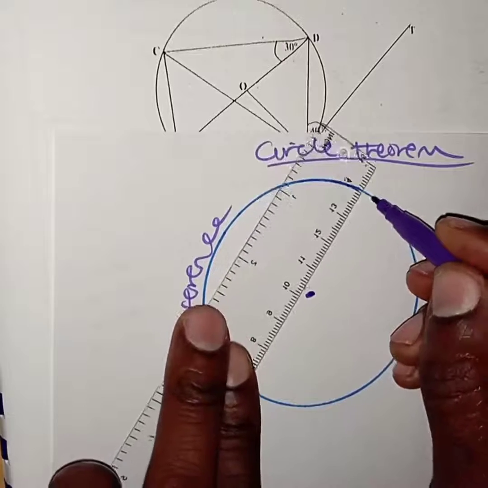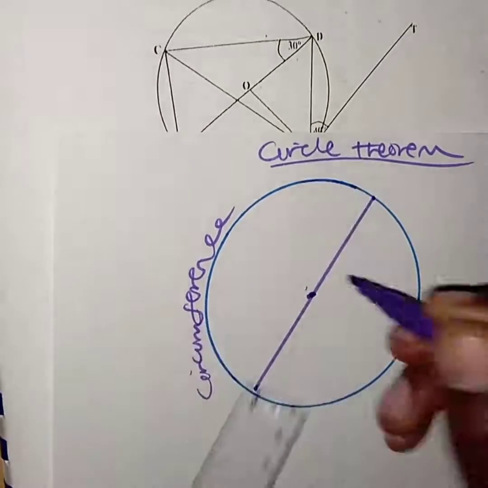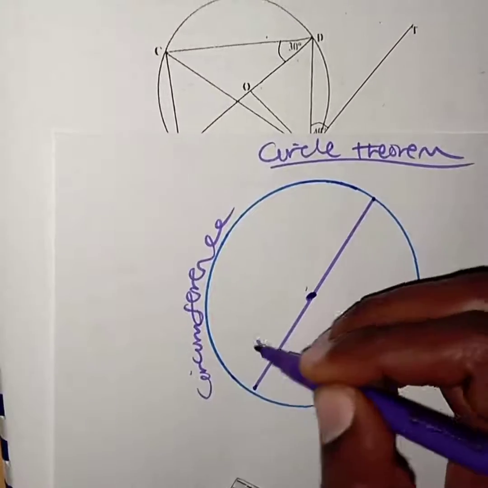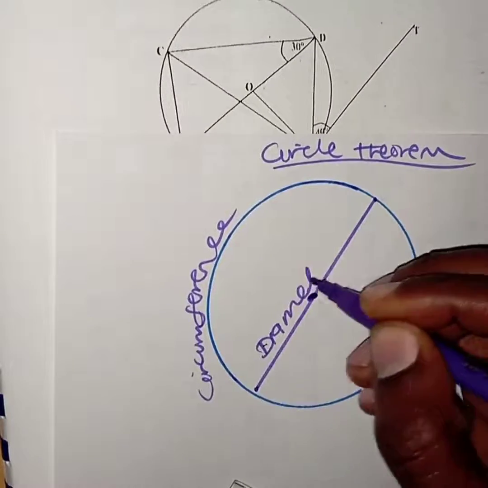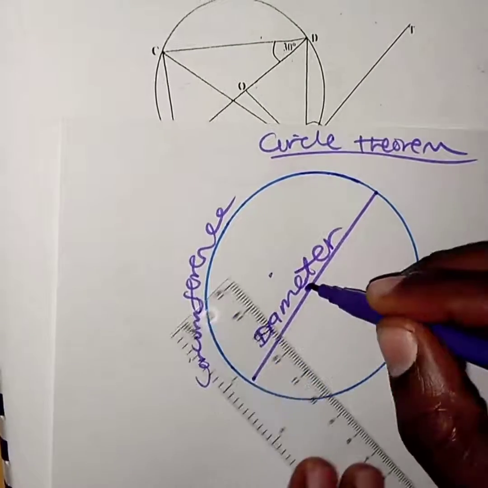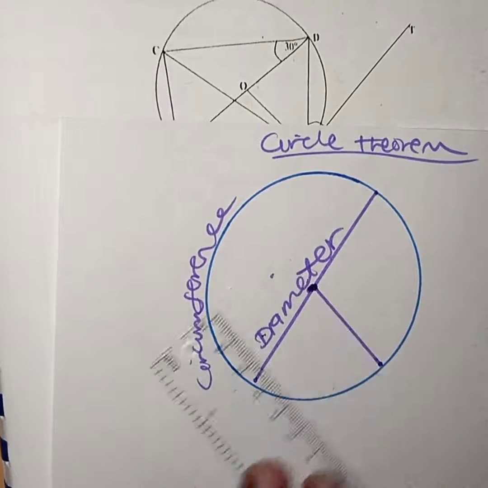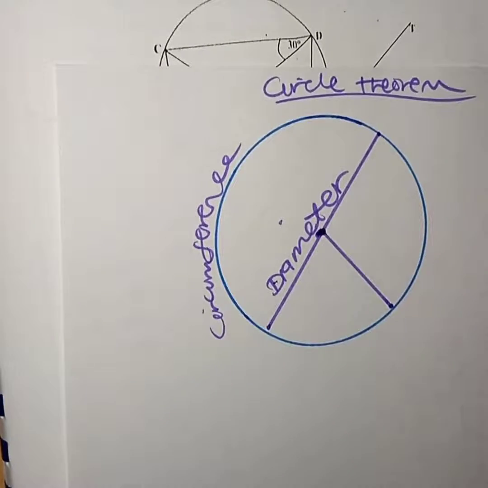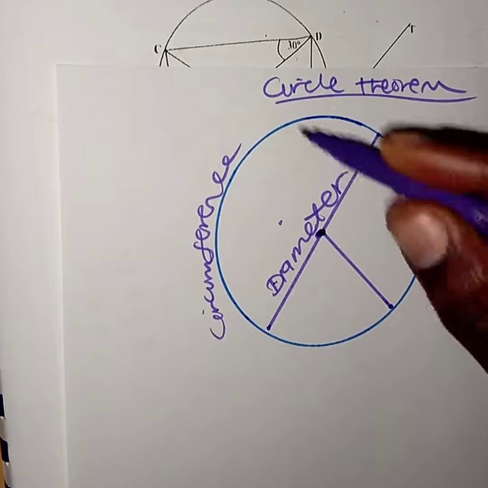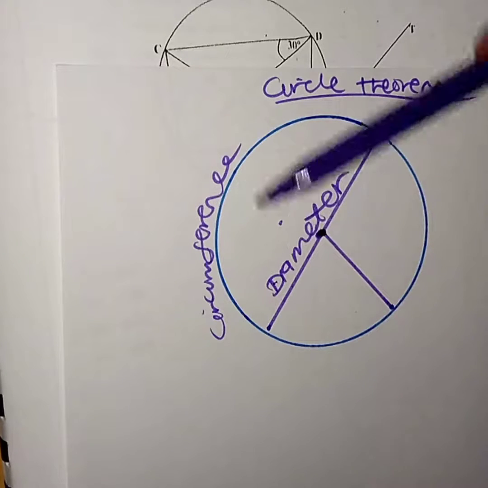Let's assume we have this line passing through the center. It is called a diameter. Let's assume we have another one passing through the center, but it's not connecting to the other end of the circumference. A diameter cuts the circle into two equal parts.